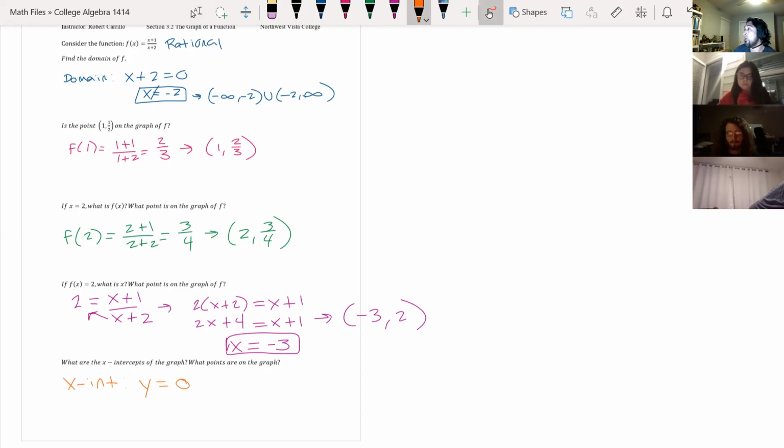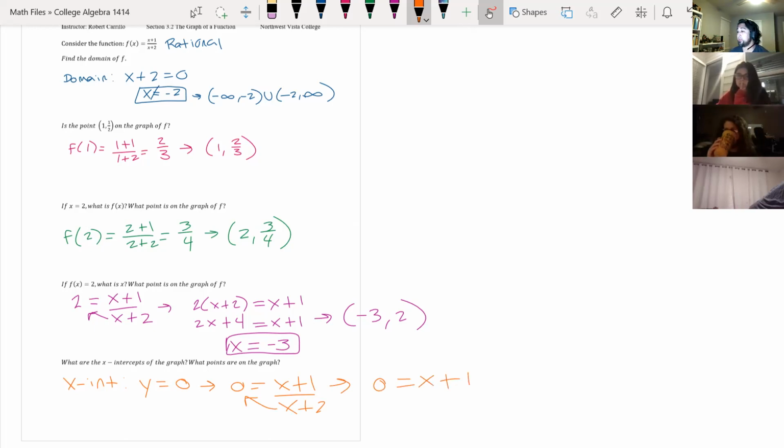0. So to find an x-intercept, you let y equal 0 and you solve for x, which means you would get 0 equals x plus 1 over x plus 2. And then you'd multiply that to the left, but you would just end up with 0 equal to x plus 1.